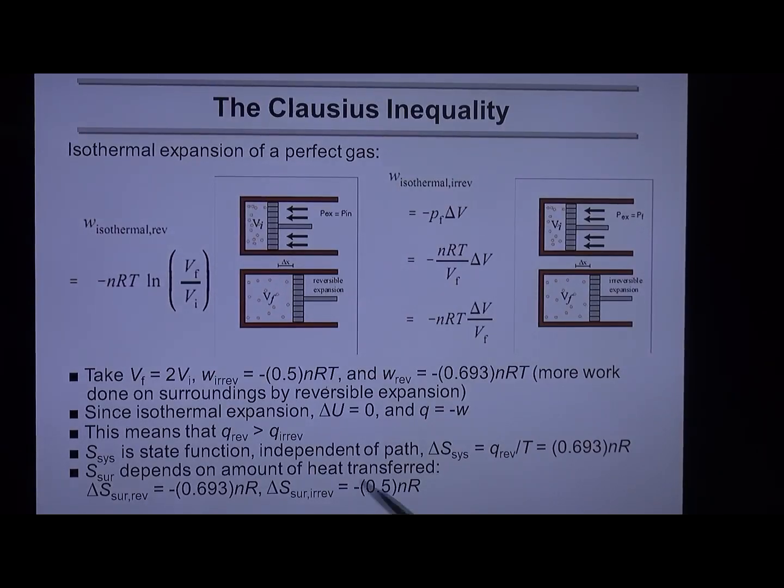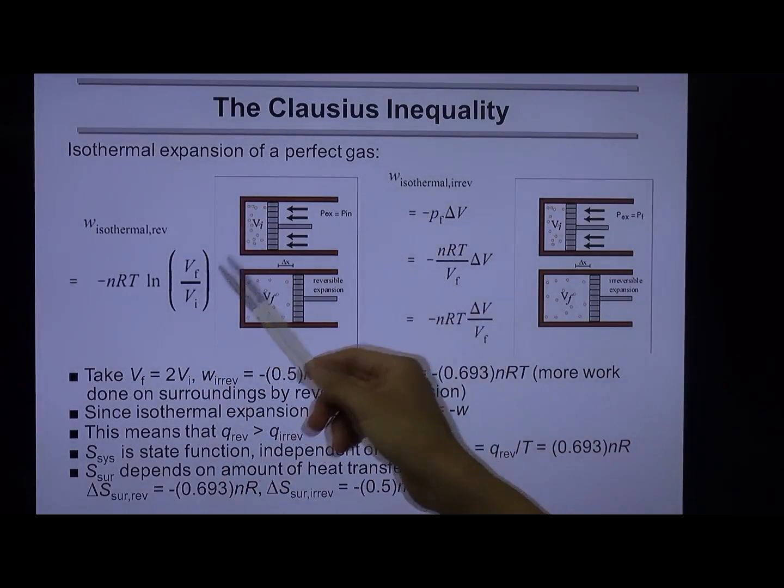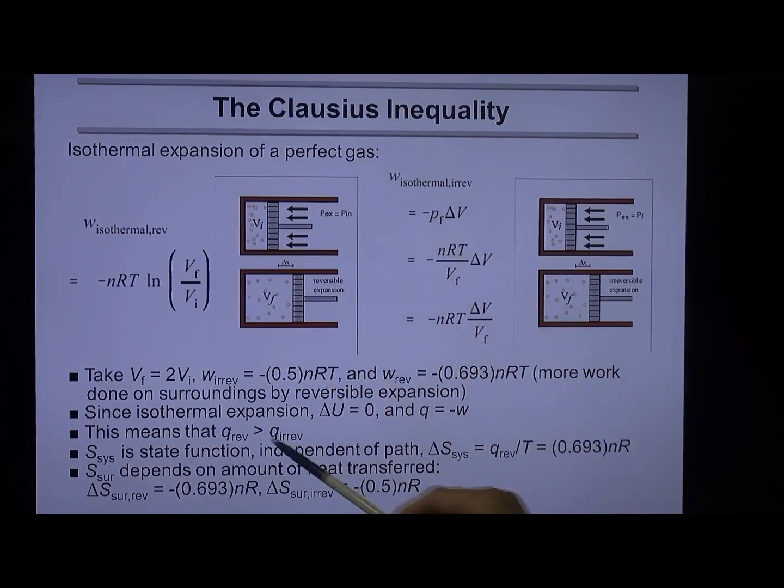Let's say that the final volume is twice the initial volume, 2 Vi. Then you can easily calculate the amount of work for both reversible and irreversible processes like this. And you can easily see that more work is done on the surroundings by reversible expansion, minus 0.63 compared to minus 0.5.